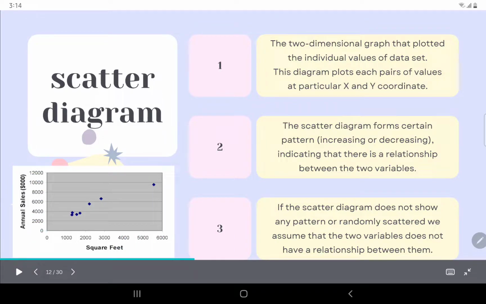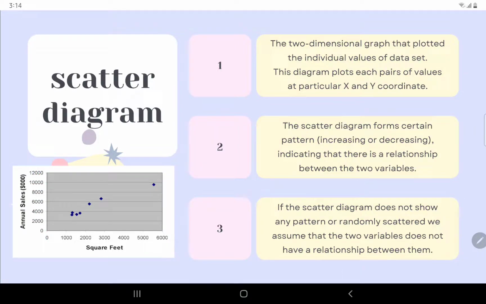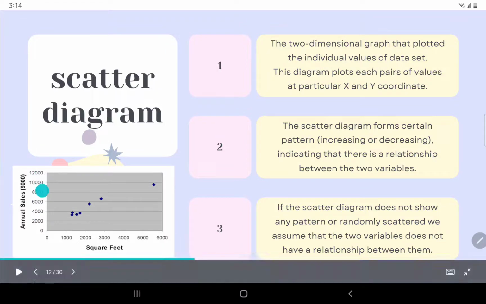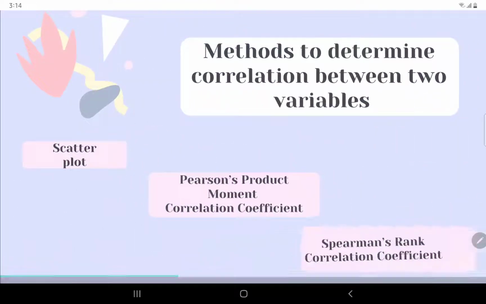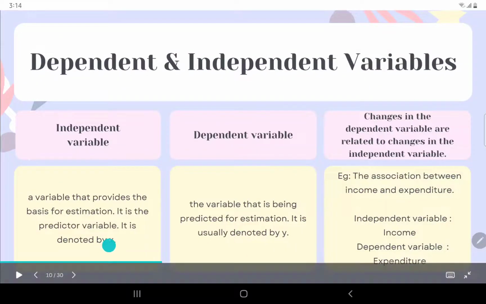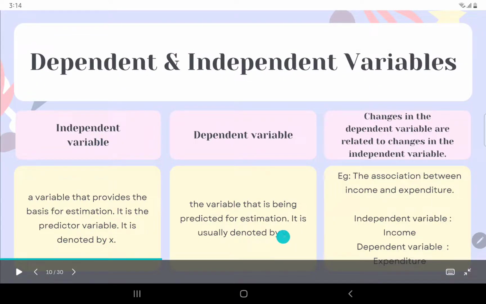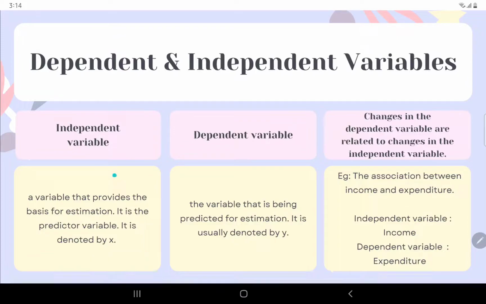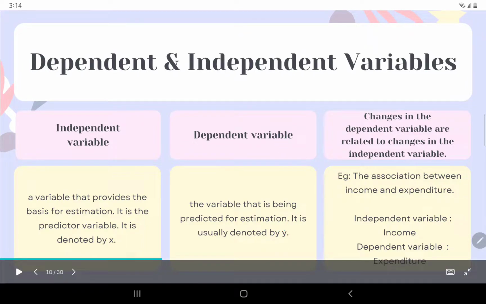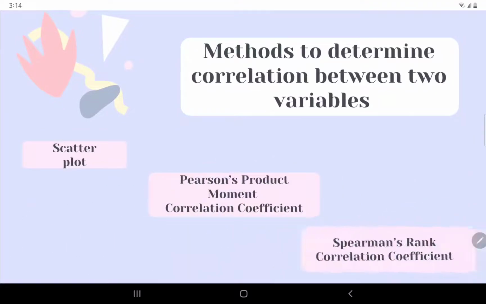X-axis is the x coordinate for independent variable, and y-axis is for y coordinate, which is for dependent variable. Macam yang tadi kata dekat sini, x is the independent variable and y is the dependent variable. So independent variable is at x-axis and dependent variable is at y-axis.